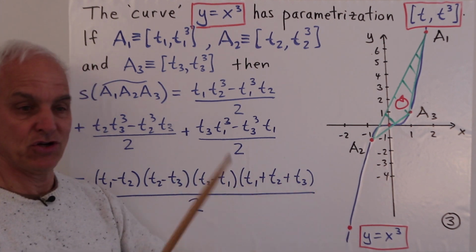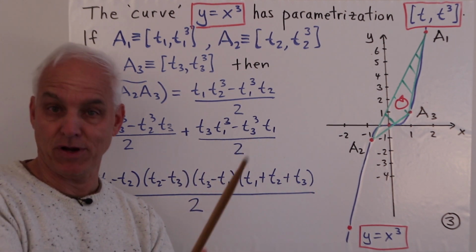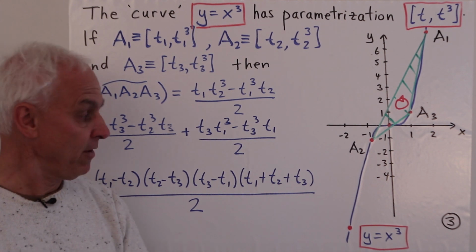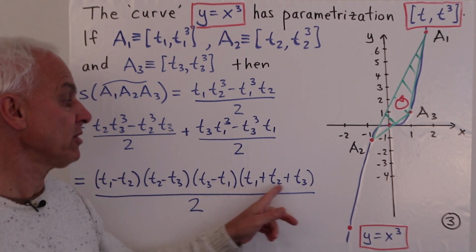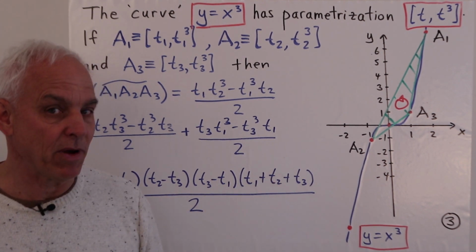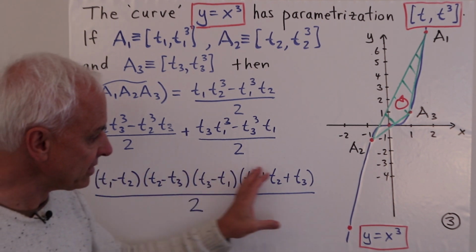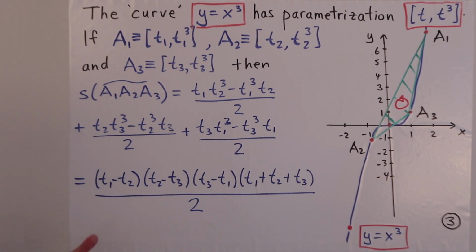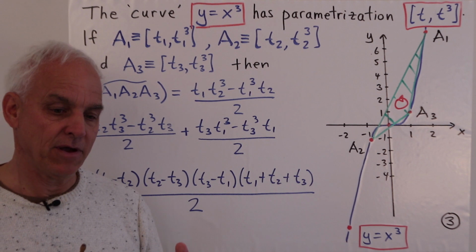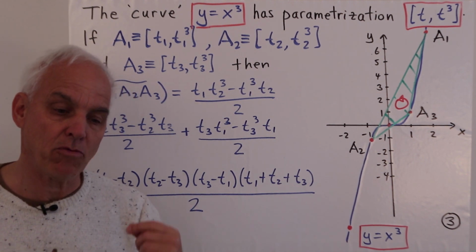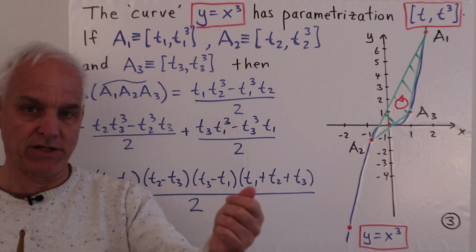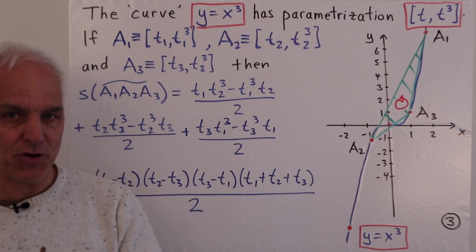If it's linear, it ought to really be sort of symmetric in t1, t2, t3. So at least up to a multiple, we are not surprised by getting that. In any case, it's still a very nice expression, and it's telling us a nice formula for the area of a triangle, oriented triangle, formed by 3 general points on this cubic curve.